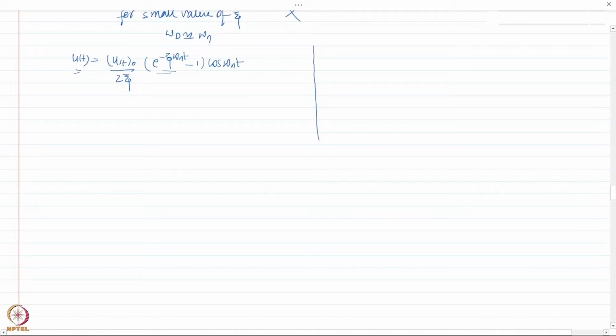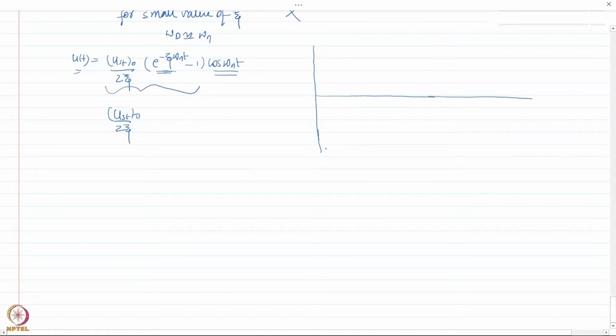Remember that cos omega_n t is a harmonic function, and this represents the time varying amplitude of u(t). As t increases, this term would vanish, and I would reach a constant amplitude represented by u_st0 by 2 zeta. Of course there's a negative sign, but it doesn't matter because cos omega_n t vibrates between +1 and -1.